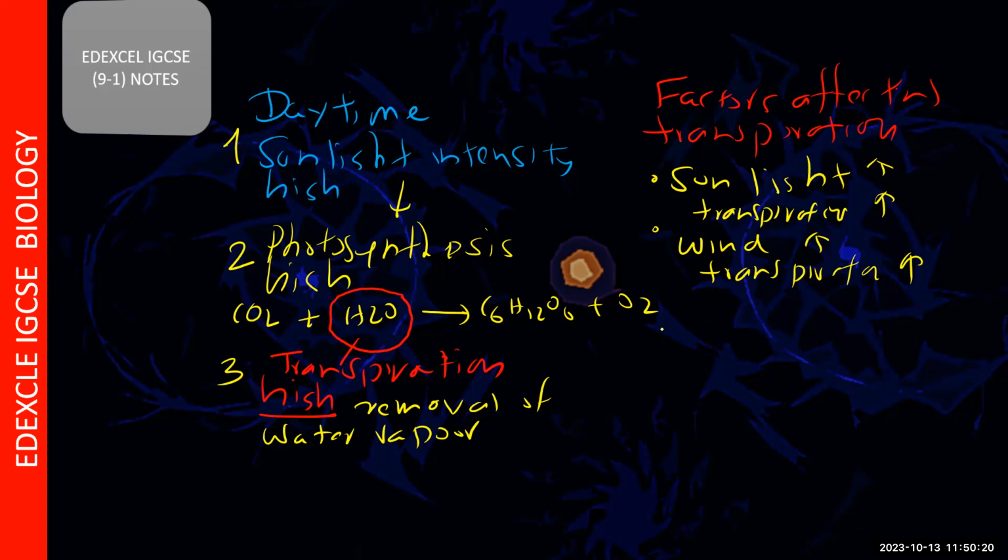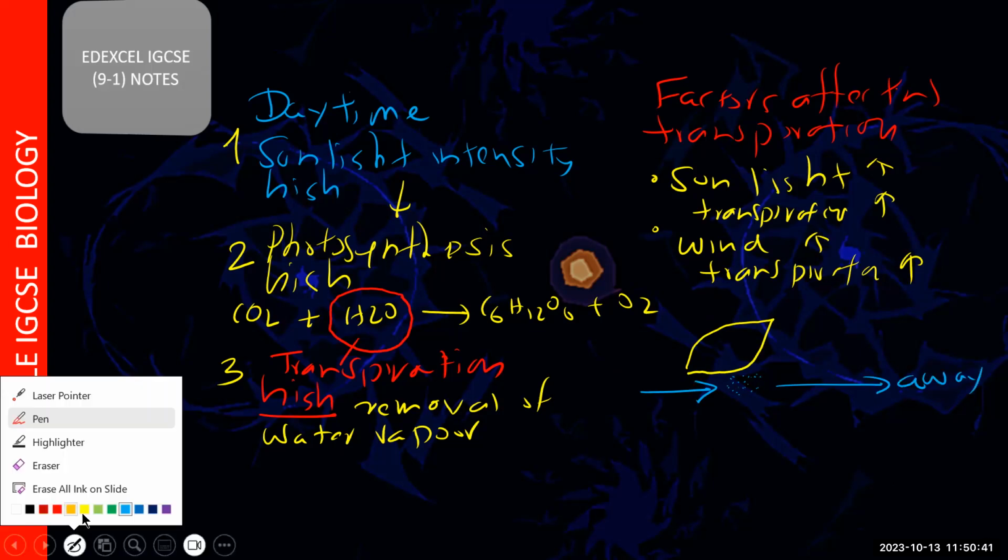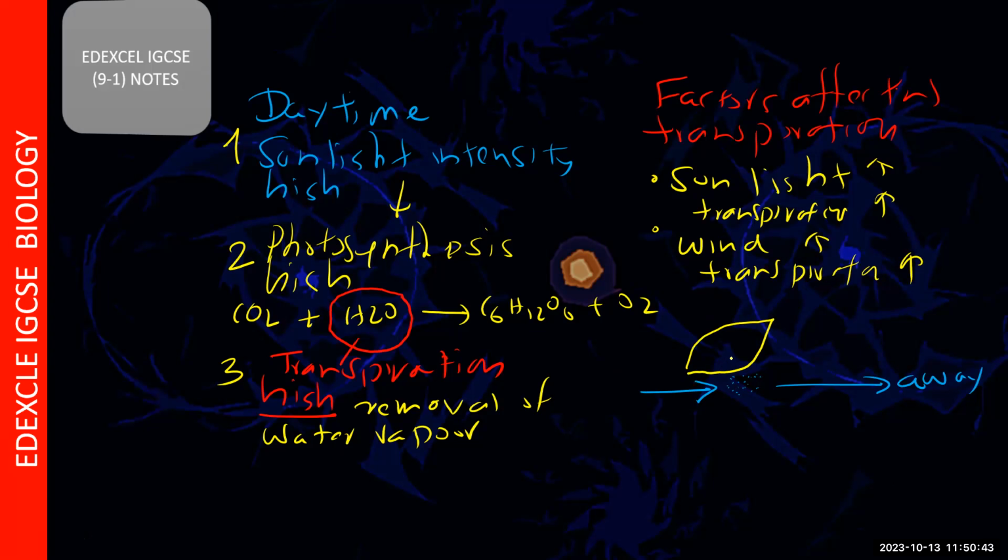It's like this. If the leaf is very close, now water vapor comes out. So this water vapor is here, and the wind comes. Wind can take this water vapor away. So then it's easy because it creates again a gap. So water can again move from this way.